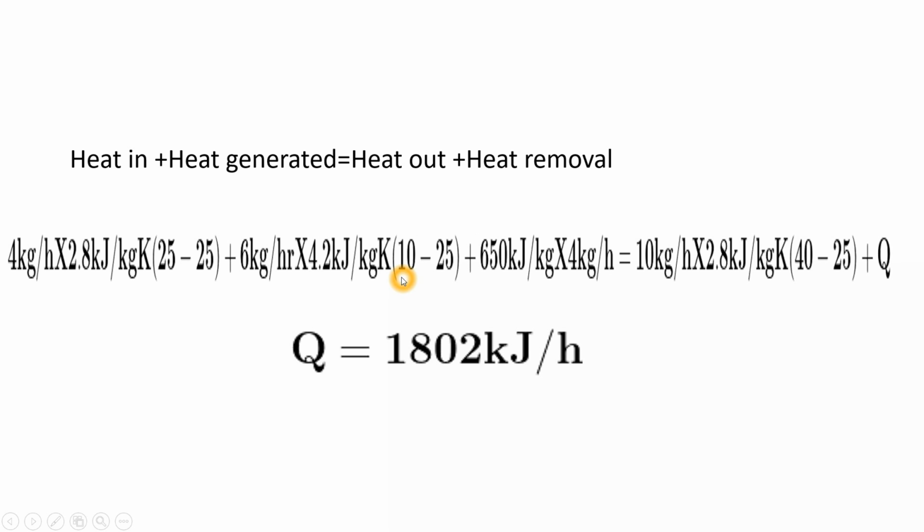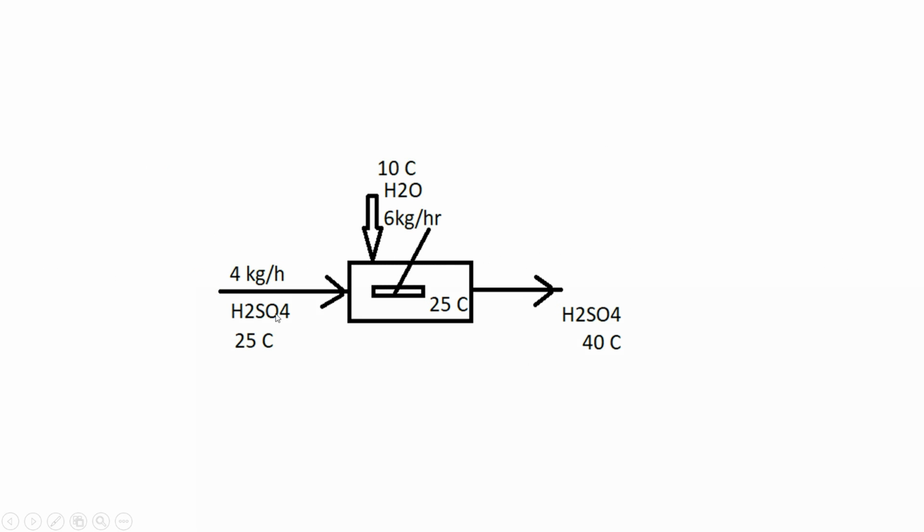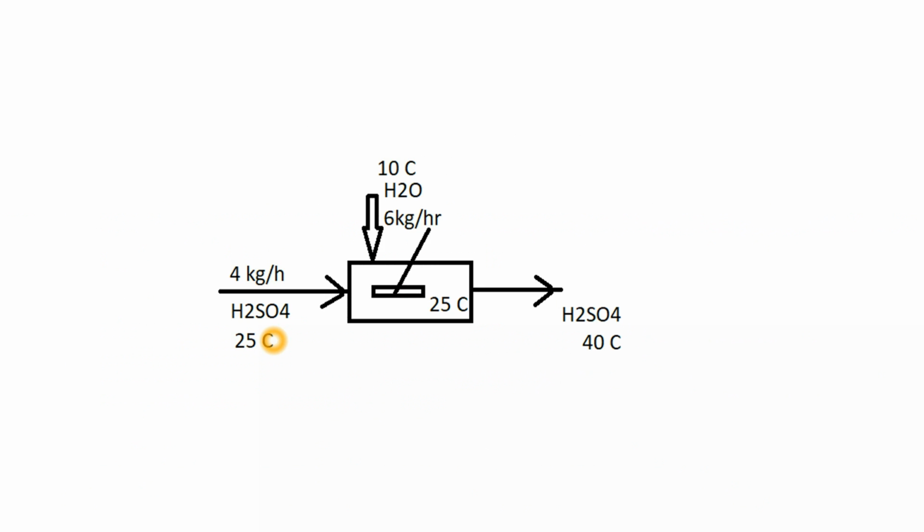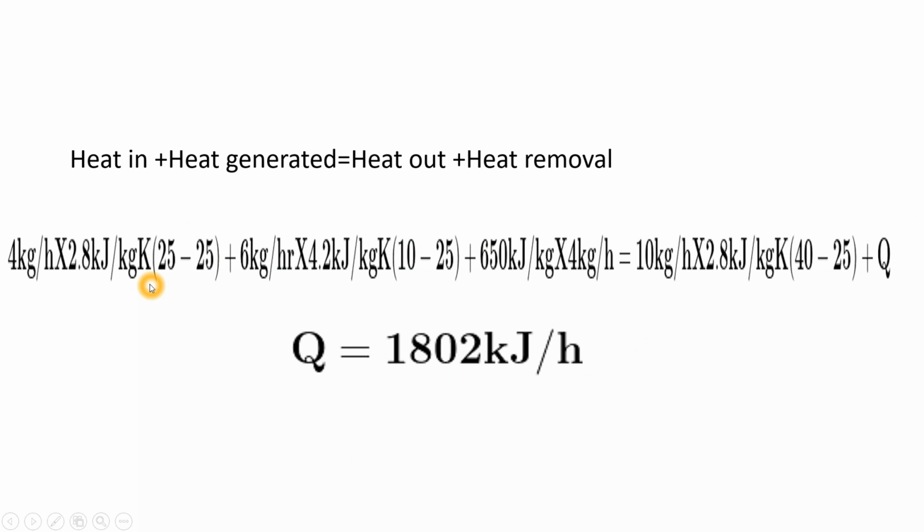So heat in means how much heat it is giving to the system. It is 4 into specific heat of H2SO4, since it is pure H2SO4, into 25 minus 25, since mixing will happen at 25 degrees centigrade and H2SO4 is already at 25 degrees centigrade, right?